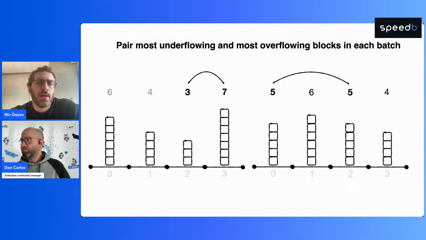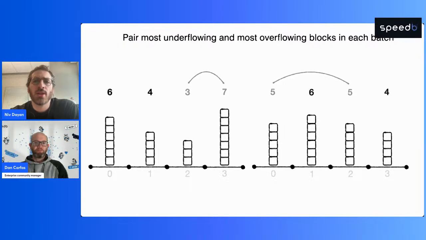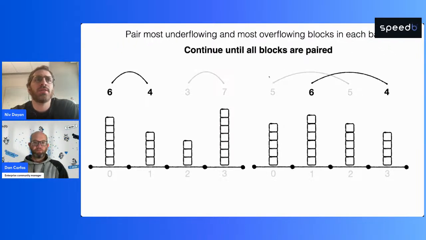So 3 is going to pair with 7 because 3 is the most underflowing and 7 is the most overflowing. And here, actually I should have paired 6 and 4, because this is the most overflowing and this is the most underflowing. But the point is that we continue to do this pairing until all the different blocks are paired. So we continue to pair the most underflowing with the most overflowing until everything is paired in each one of the batches.